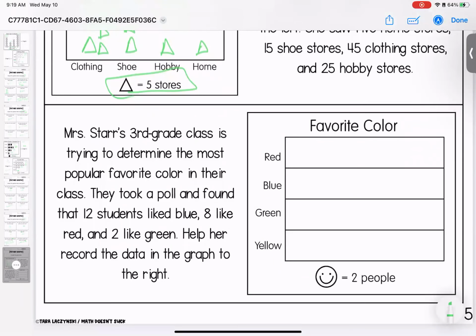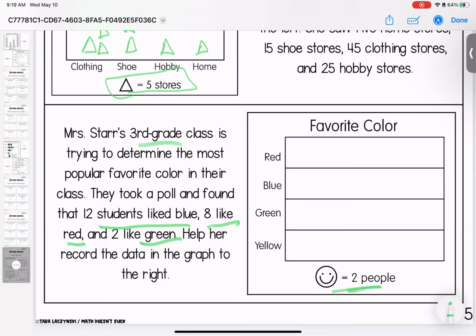Second one, Mrs. Starr's 3rd grade class is trying to determine the most popular favorite color in their class. They took a poll and found that 12 students liked blue, 8 students like red, and 2 like green. We have to put our data on the chart. Over here, we see that every smiley face is 2 people.